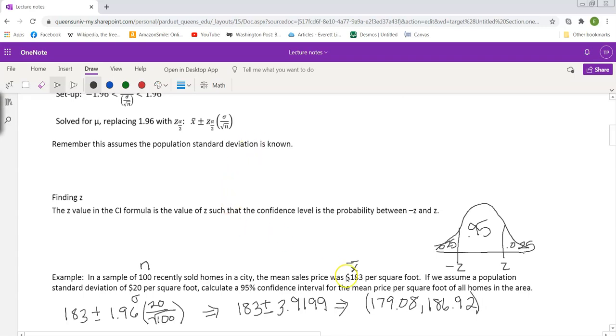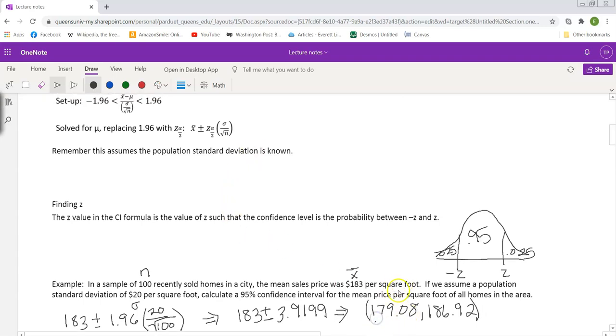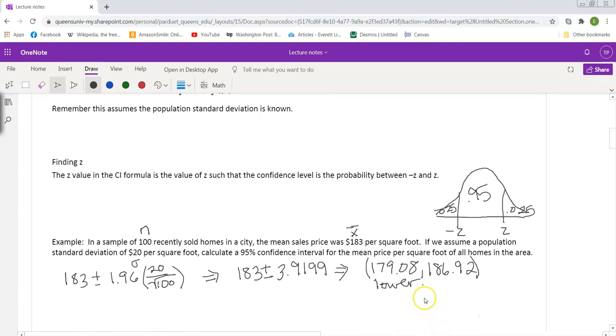You always write this as lower limit, comma, upper. Okay, this is an interval. All right, so this is our confidence interval.